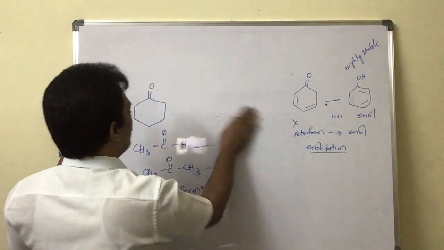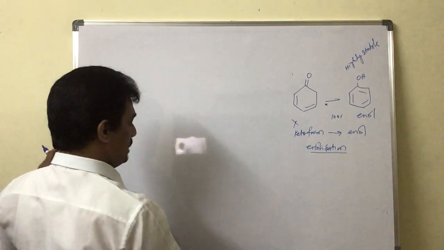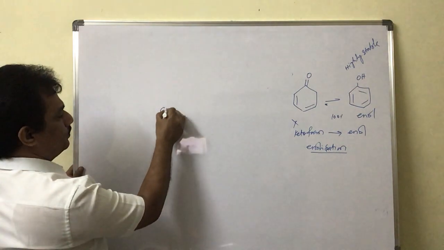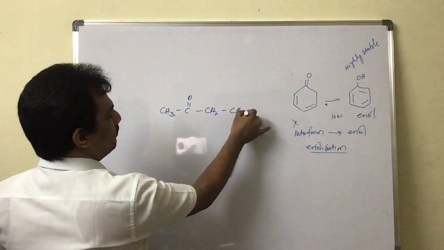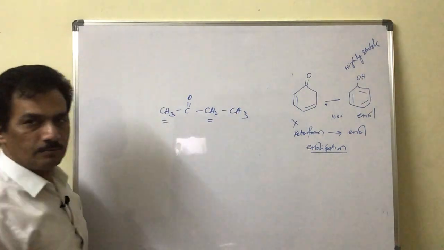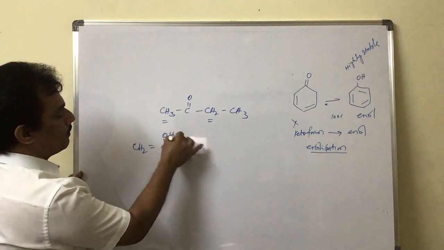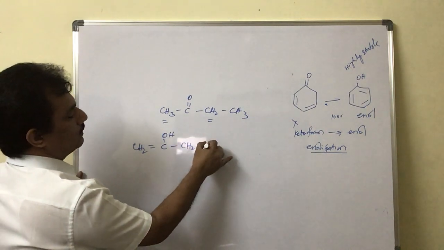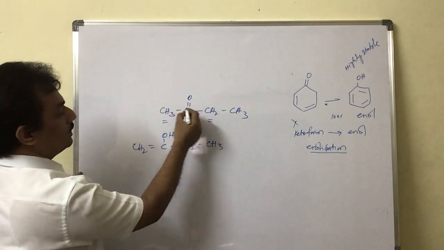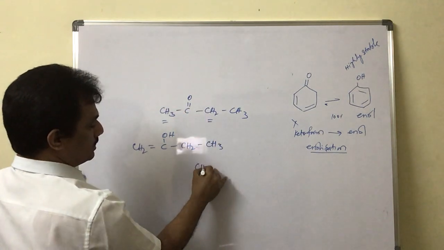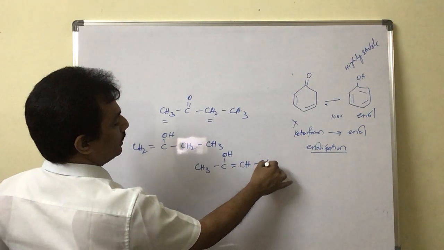Sometimes they will ask the question: in case any carbonyl group like this has two types of alpha hydrogens, this one and this one, we can expect two types of enol form. This one, and the other enol form, where this hydrogen is involved, is CH3 COH double bond CH CH3.